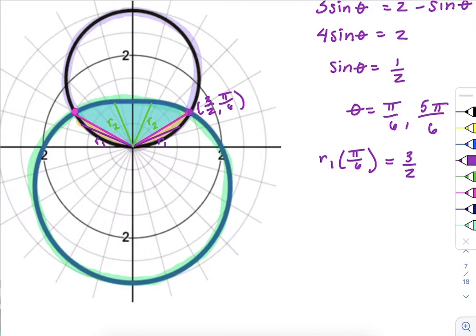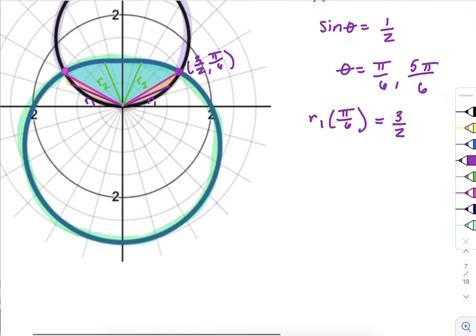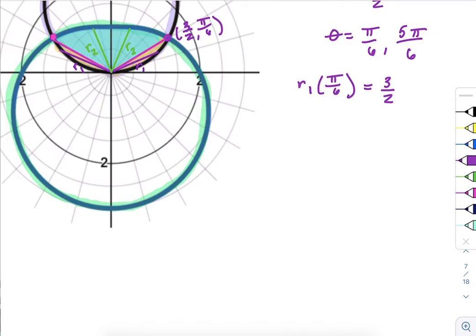So we also want to make sure that we know where the curve is starting. If we test that to make sure, r1 of 0 is 3 times sine of 0, which is 0. So that's over here. At this point, I guess I should use some different colors here.